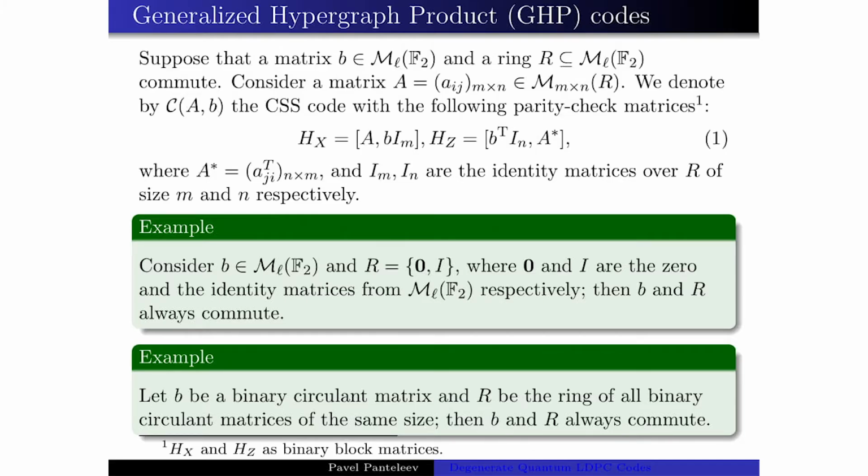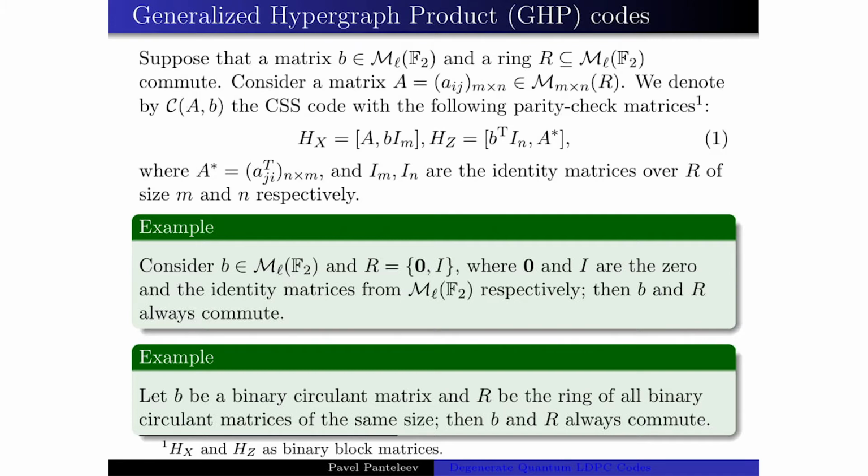So let me just briefly describe this new construction. It's quite simple. It just generalizes this to a commuting matrix construction. We have a pair: a matrix B and some set of matrices of the same size.